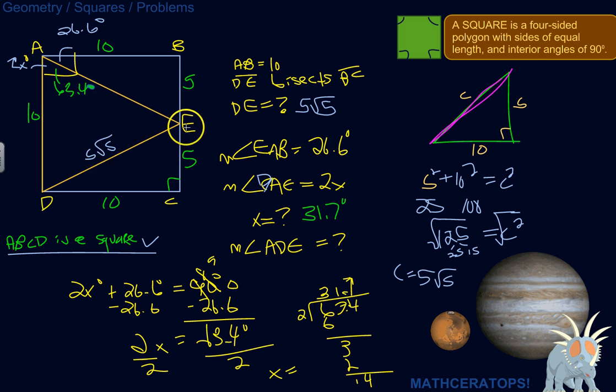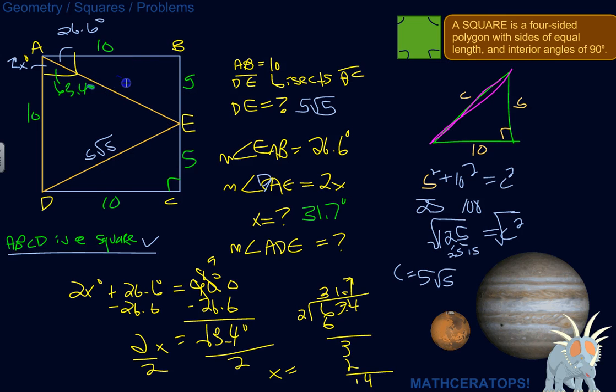Alright, now, we've got to do a little bit more reasoning here based on the fact that it's a square. So this side length is 5 square root of 5. Well, AE is also 5 square root of 5. Why? Because we could do the same right triangle business over here, with side length 10, side length 5.